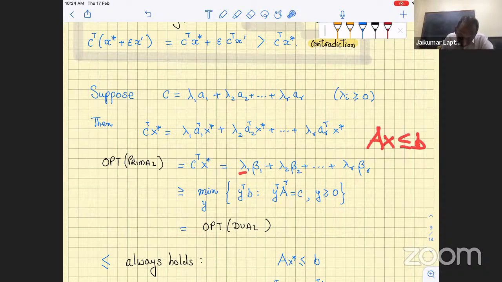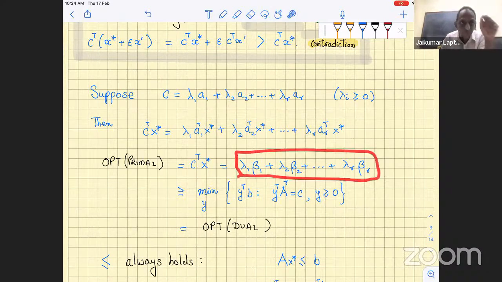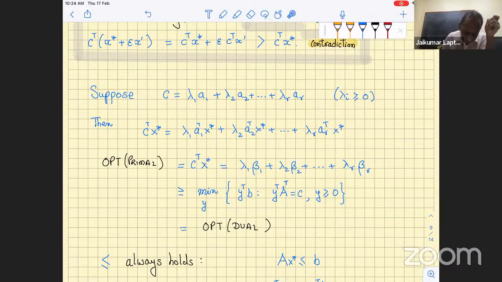That means you have found this lambda, which actually constitutes a solution to the dual linear program, and it matches the solution to the primal.